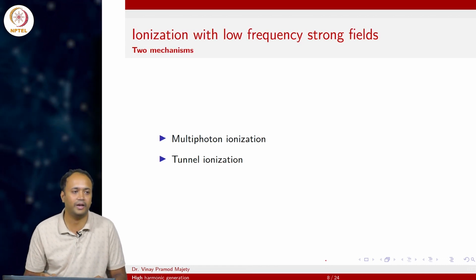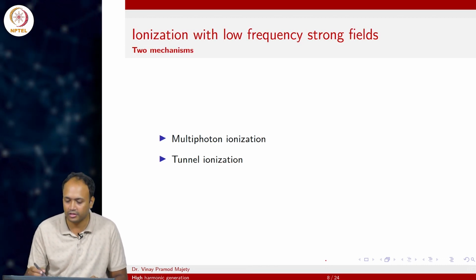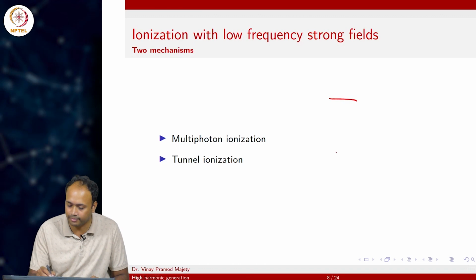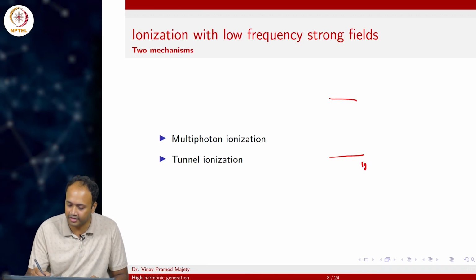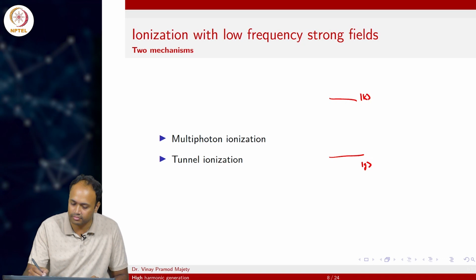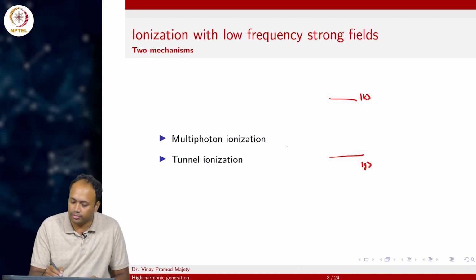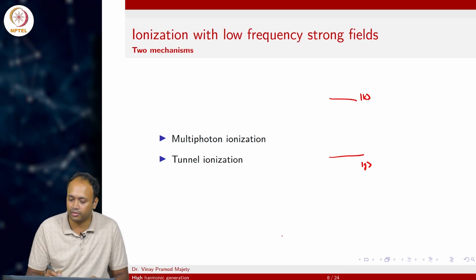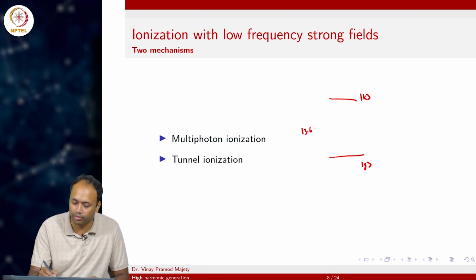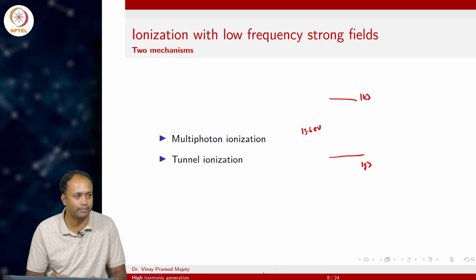When you have very low frequency fields, let us take a hydrogen atom for example. This is the ground state, and that is a 0 or near 0 photoelectron state. What is the ionization potential for a hydrogen atom? That is about 13.6 eV, just giving you a few numbers.